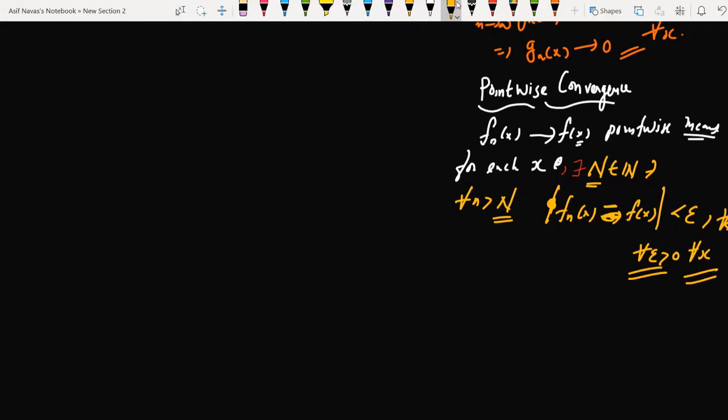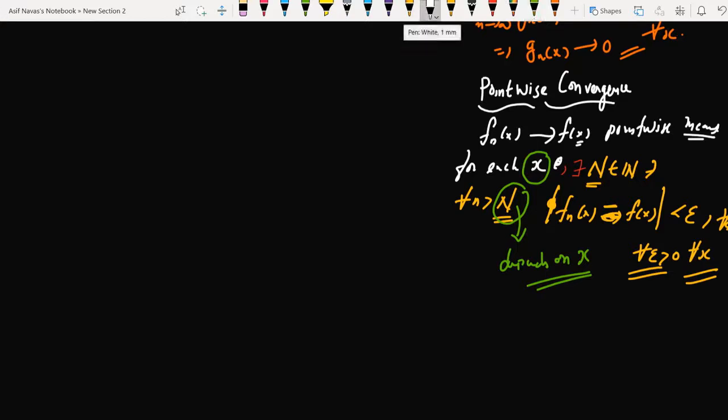So here, the main difference between pointwise and uniform convergence is that for each x we have to find this capital N. That means this N depends on x, then it is pointwise convergence.